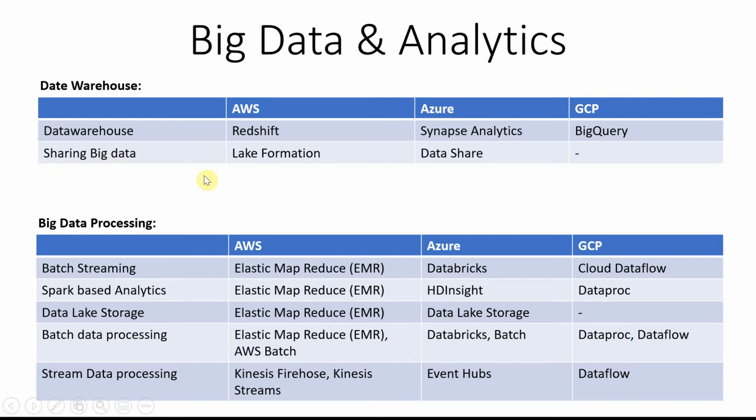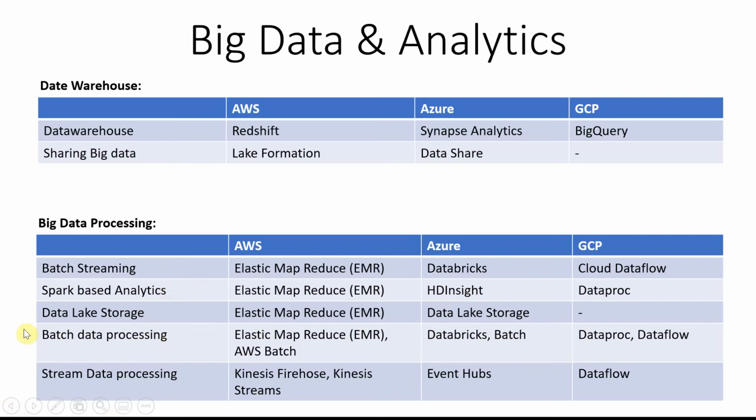But at least AWS Lake Formation is primarily for sharing the data from various sources and pulling it in one place. So that kind of a model is what a data lake is. In that space, AWS has Lake Formation, and Azure has Azure Data Share. I didn't find any equivalent in this Lake Formation category.